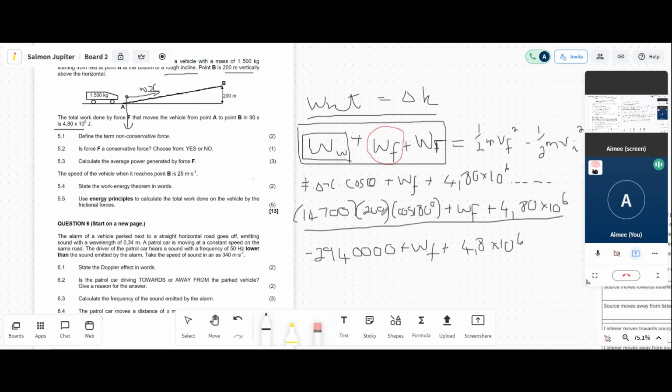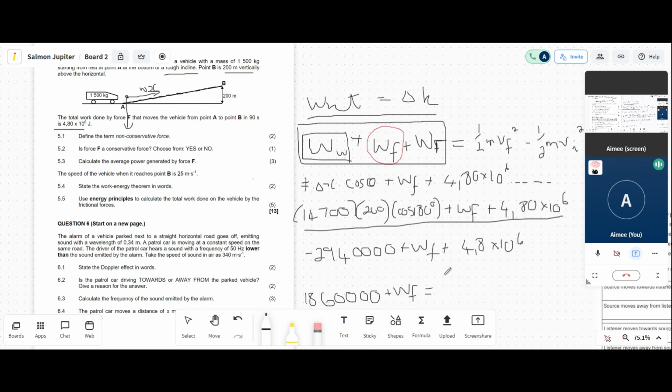Now we can add those together: negative 294,000 plus 4.8 times 10 to the power of 6 gives us a value of 4.506 times 10 to the 6, plus work done by friction. So that's the left-hand side of our equation.